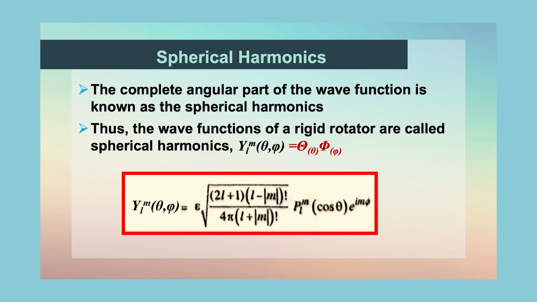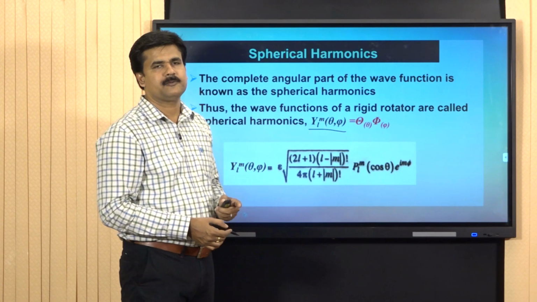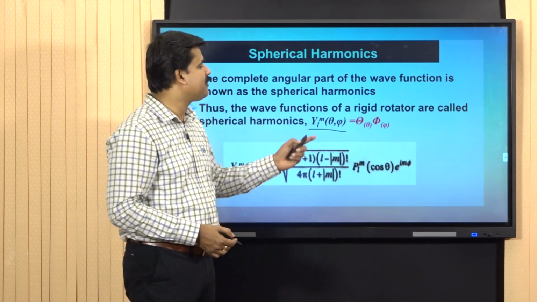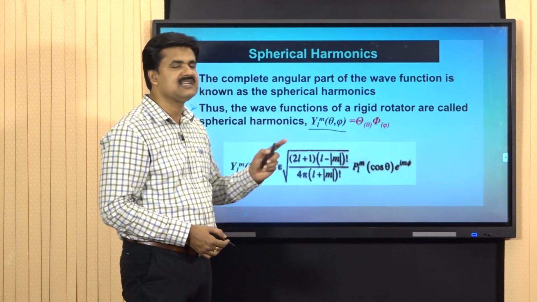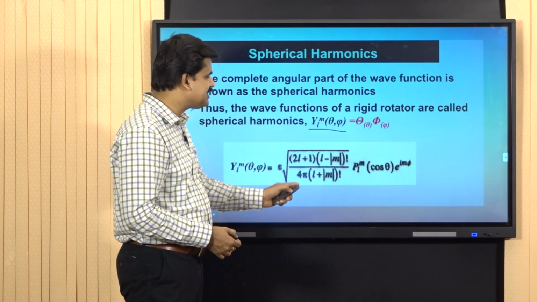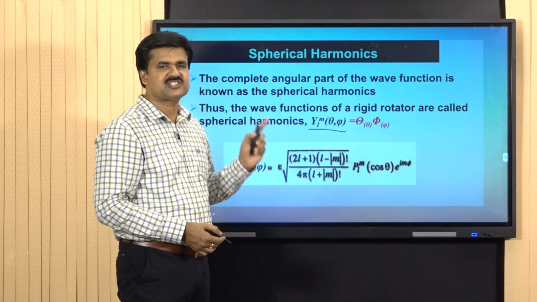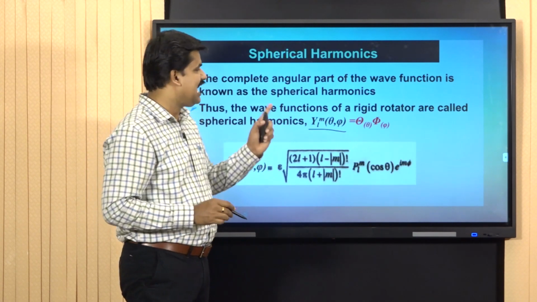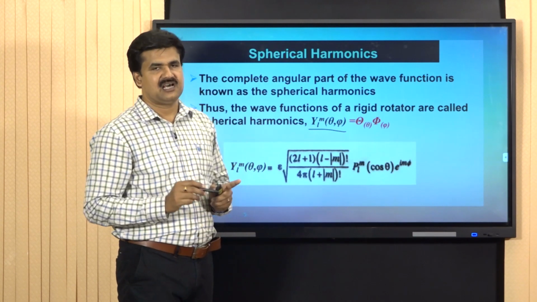Y L M theta phi is equal to epsilon into under root of 2L plus 1 into L minus modulus of m factorial divided by 2 into L plus modulus of m factorial, P L M cos theta, into e raised to i m phi. This is the same as the expression for the complete wave function of a rigid rotator, and that is taken as spherical harmonics.